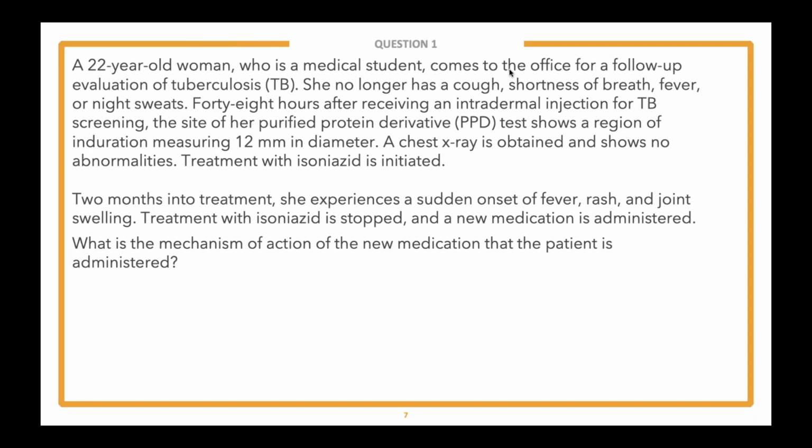Now, we'd like to ask our students in our coaching sessions, is this a one-step question, a two-step question, or a three-step question? That's very important to know, because that will allow you to keep your thought process organized and ensure that you are answering the right question and not forgetting any steps. An example of a one-step question would be, what is the diagnosis?